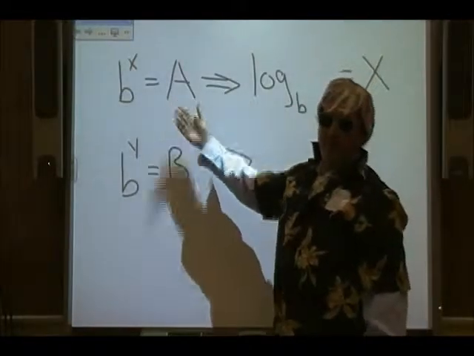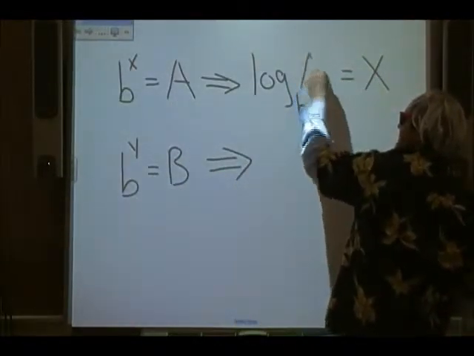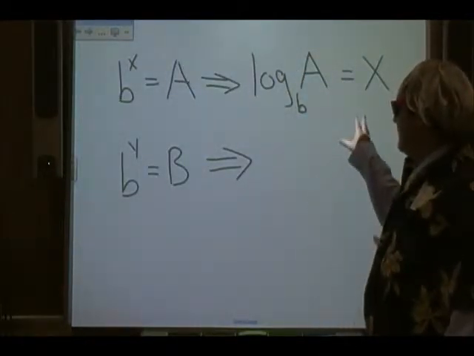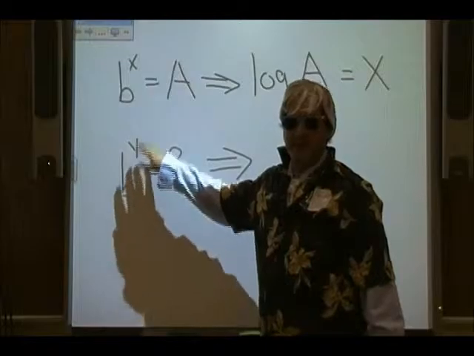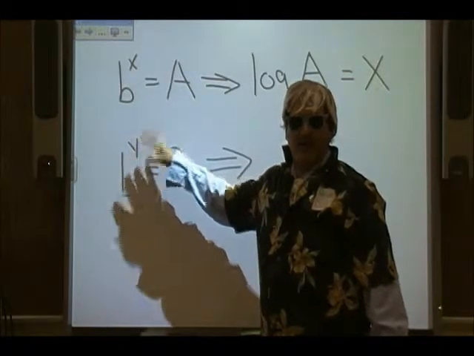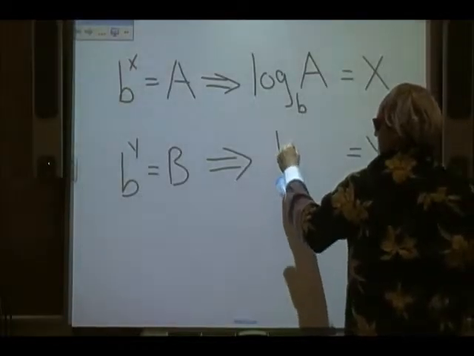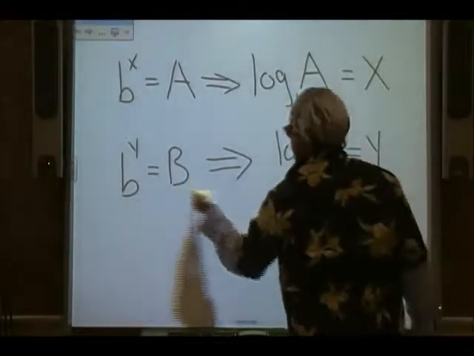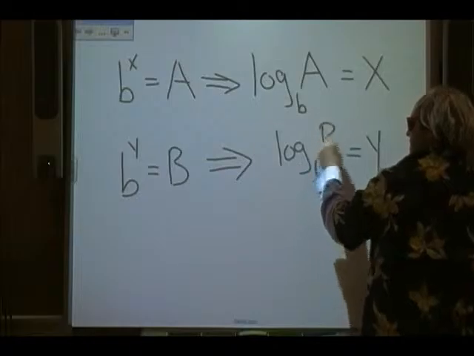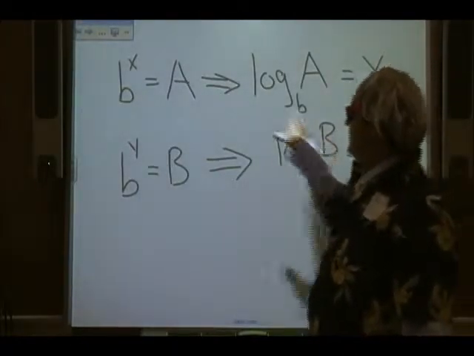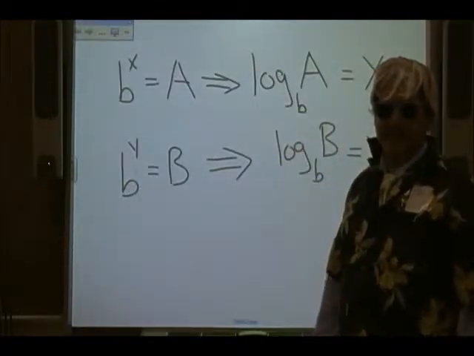What letter am I left with? A. There it is. If you don't like that, you can just say very simply, y, the exponent, is my answer. So I can start with the answer. Now I put the log. You know it's to the base, and then you have the b. Whatever way you do it, you have to be able to go back and forth.